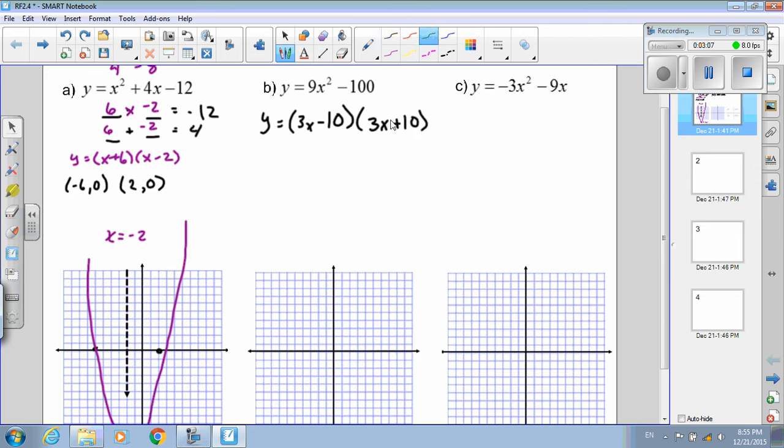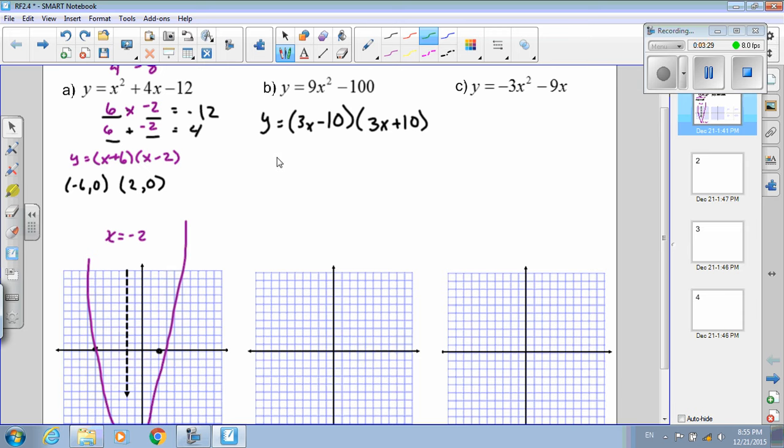If I were to develop this, I would get this binomial expression again. Just real quickly, by multiplying these two terms, you would have that term show up, and then you would have 3x times 10 give me 30x, and then the negative 30x would cancel my first degree term, my coefficient of the first degree.